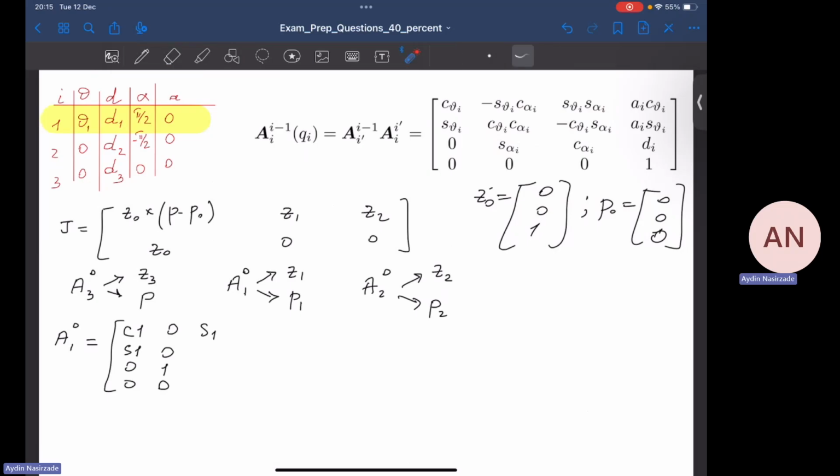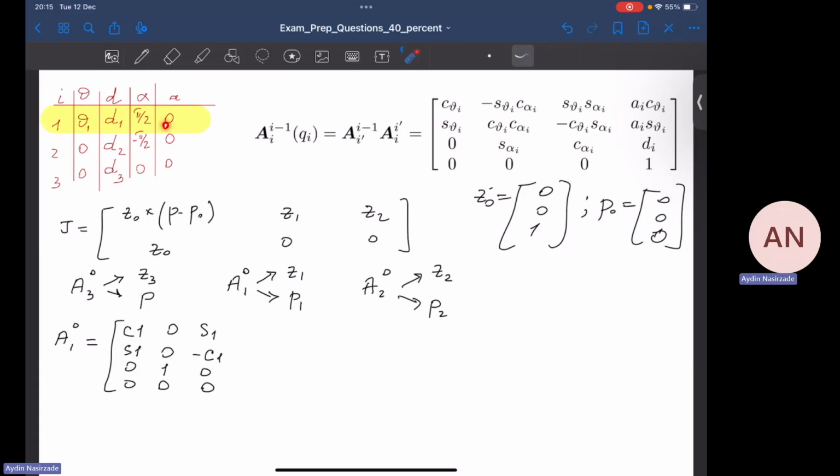What else? Minus cosine of theta 1 times sine of pi by 2 again. It becomes minus cosine theta 1. Then we have cosine of pi by 2 because of that, right? I have 0 here and my typical 0 here. Okay? 0.